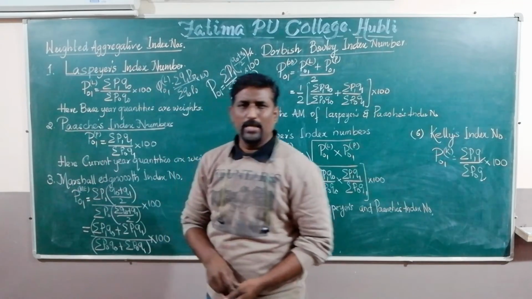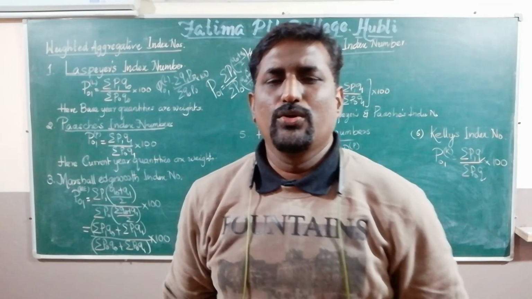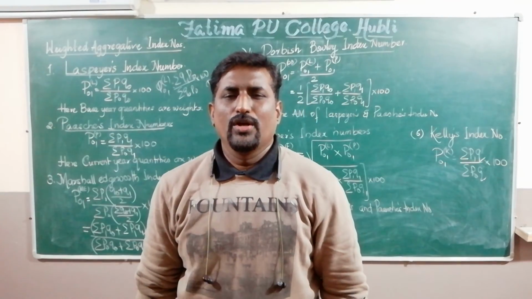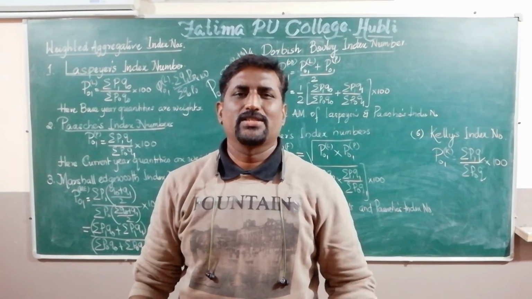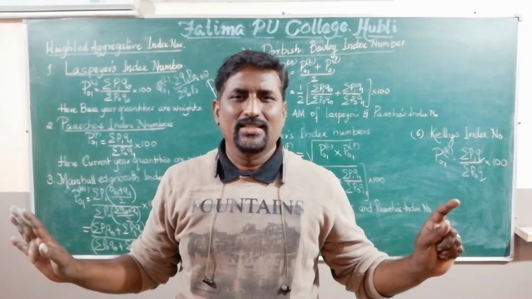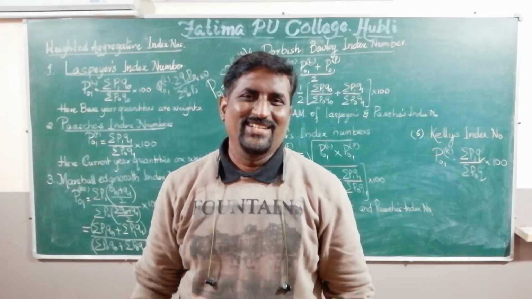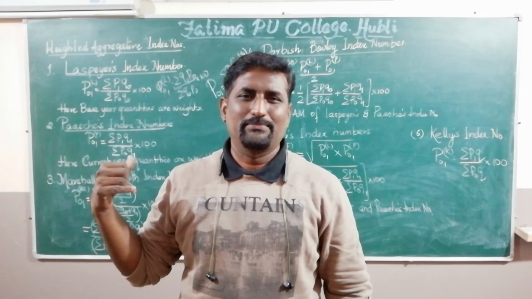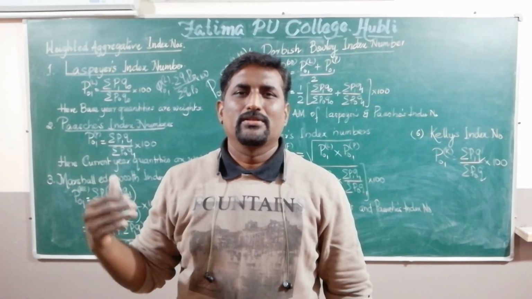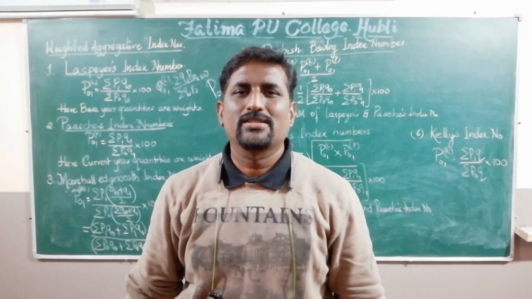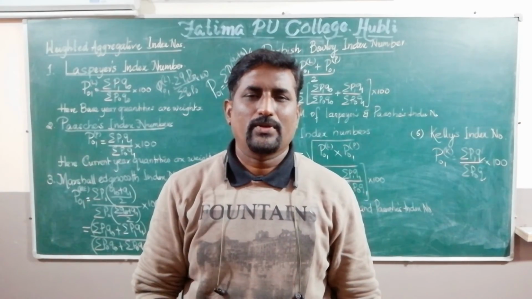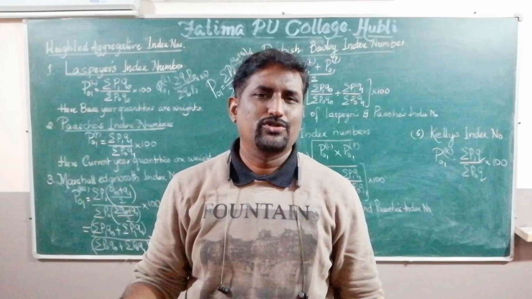Wherever you find P, replace it by Q, and wherever you have Q, replace it by P. That's it. You can write another 10 formulae from this for quantity index numbers. This can be an assignment to you, students. Try to write that, write once and show it to me.